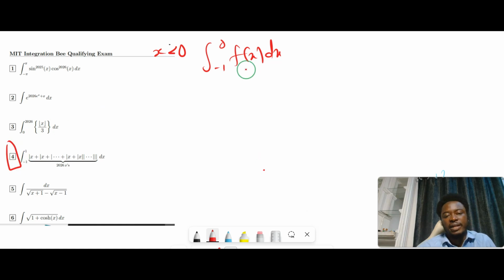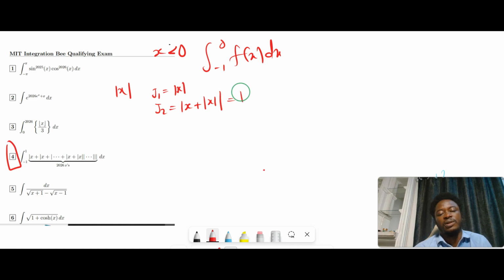Since x is completely negative here, notice that first of all, we're just going to say j1 is the floor of x, then j2 is equal to the floor of x plus the floor of x, which is x plus j1, and j3 would be the floor of x plus the floor of x plus the floor of x, so that would be x plus j2 as well.